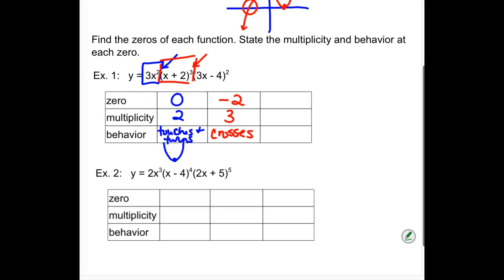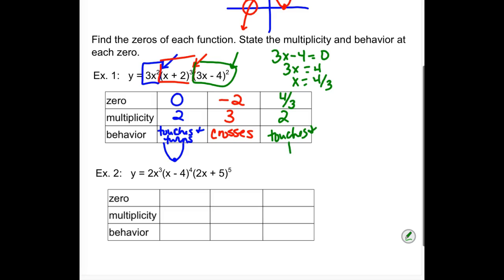And then the last piece, the last factors, we have a 3x minus 4. I need to figure out when 3x minus 4 creates a 0. So I'm going to add the 4 over, divide out the 3. So my 0 would be 4/3, and it's in there twice, so its multiplicity is 2. And then because it's an even one, it touches and turns.